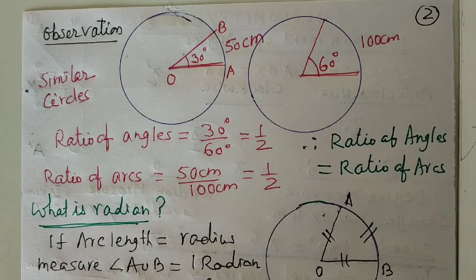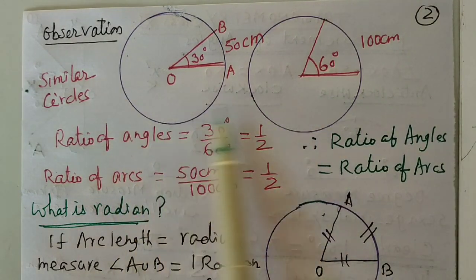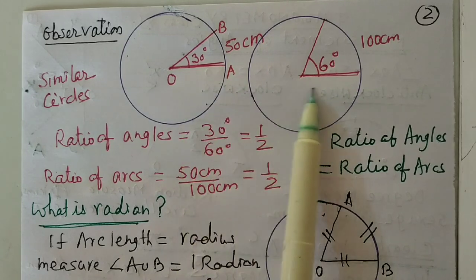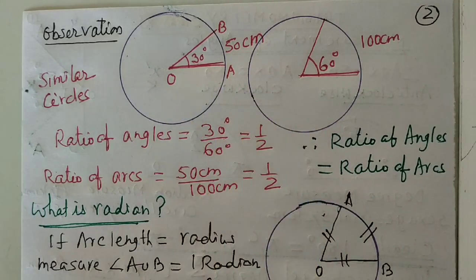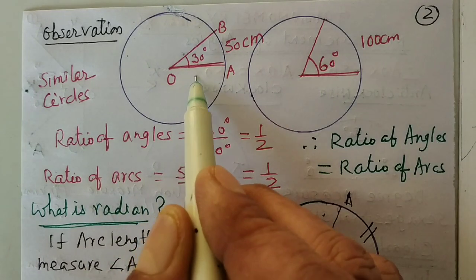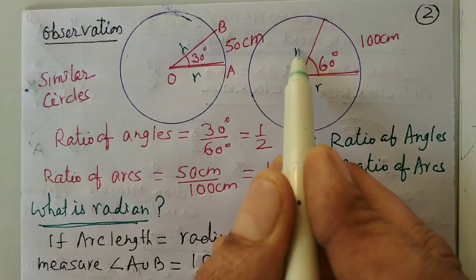Wait. Now there is an observation. If these are two similar circles, with angles 30 and 60 taken, and for any fixed radius, whatever you take, let the radius be r. Any radius you can take.